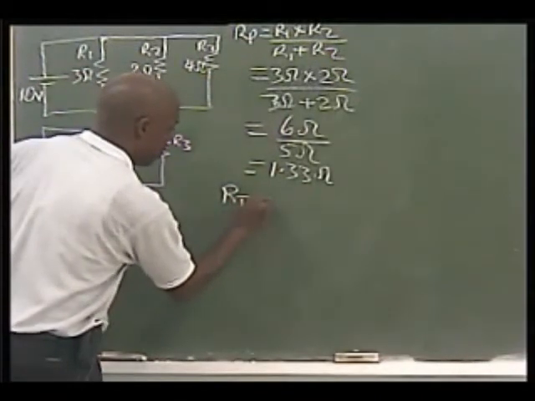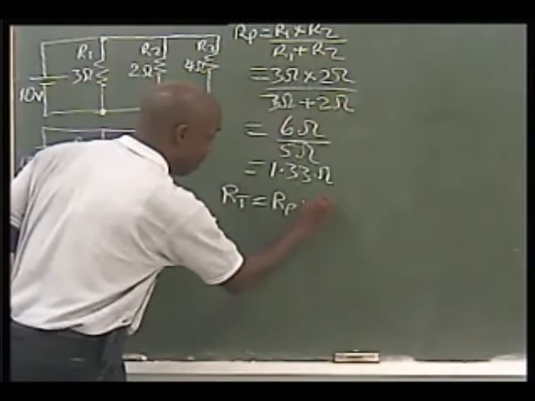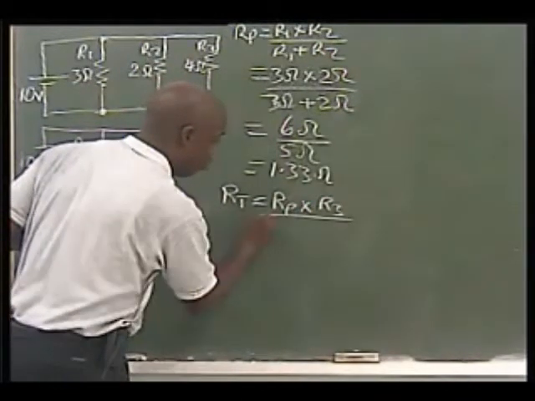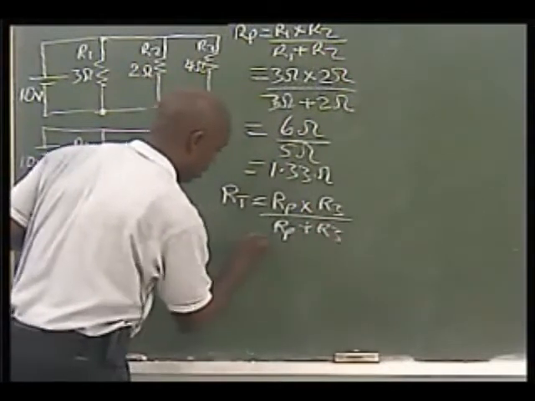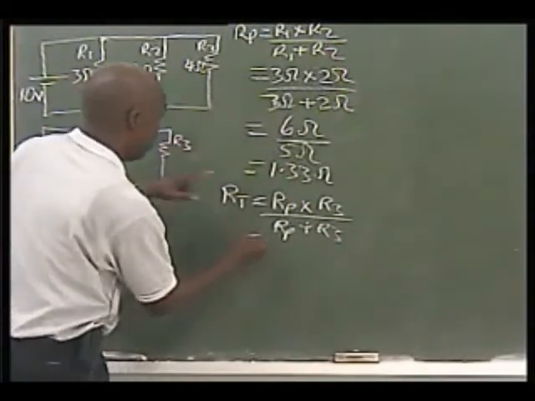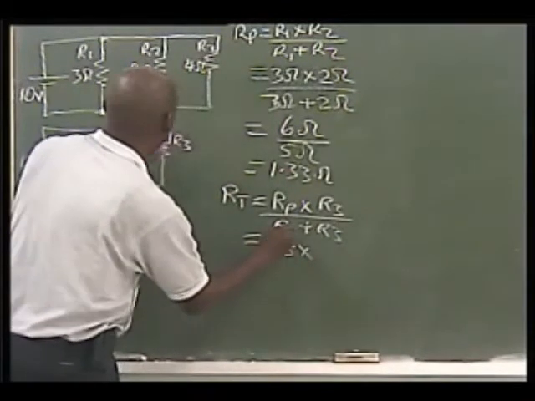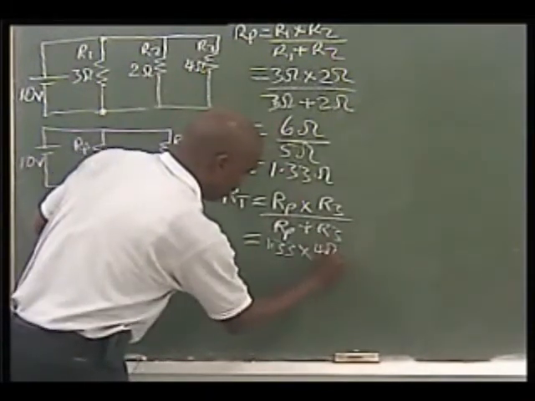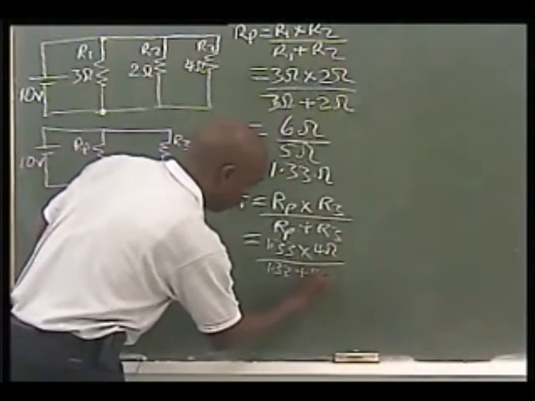It is simply going to be RT is equal to RP multiplied by R3 over RP plus R3. That's going to be 1.33 multiplied by 4 ohms over 1.33 plus 4 ohms.